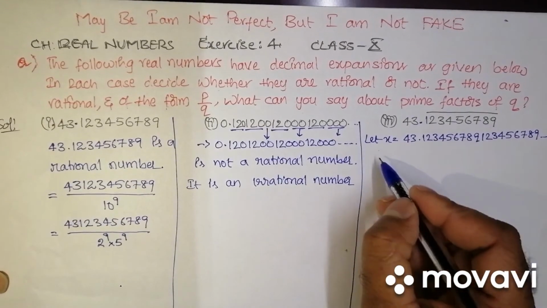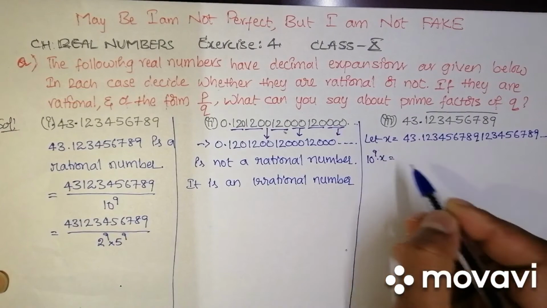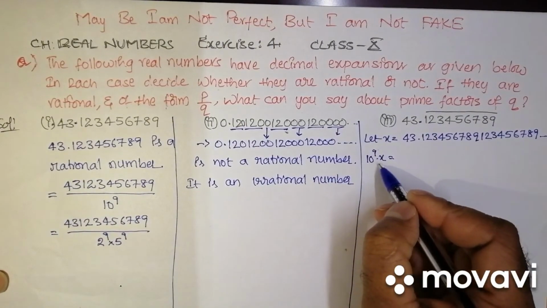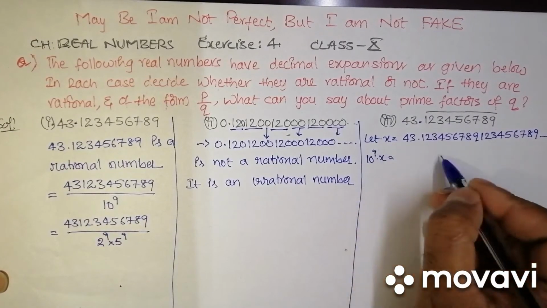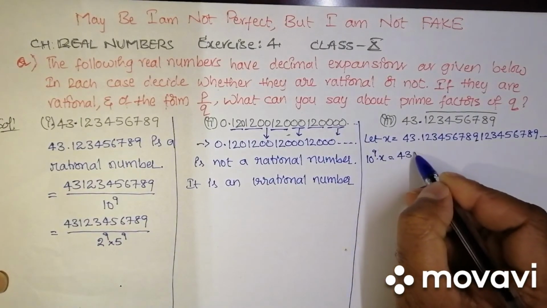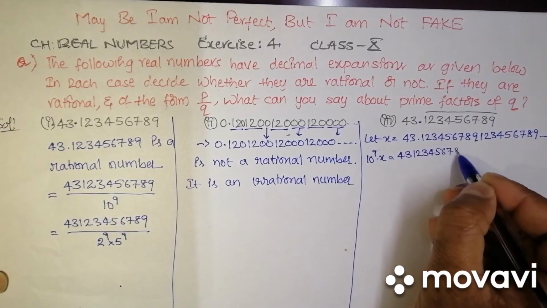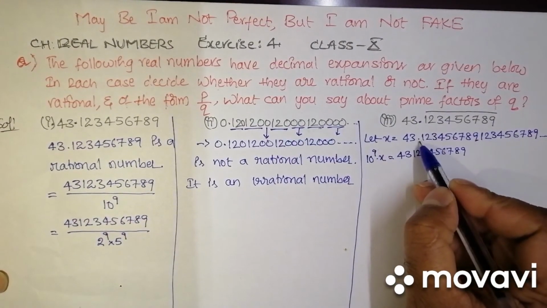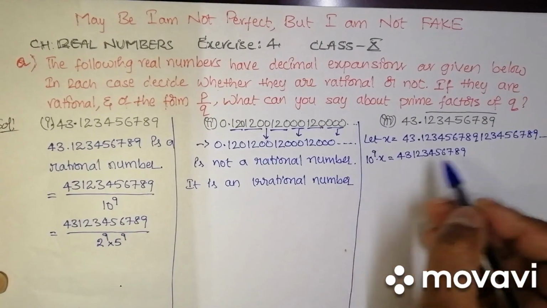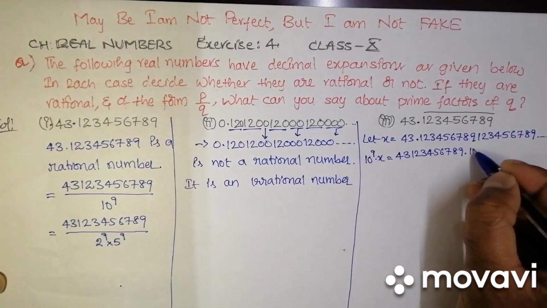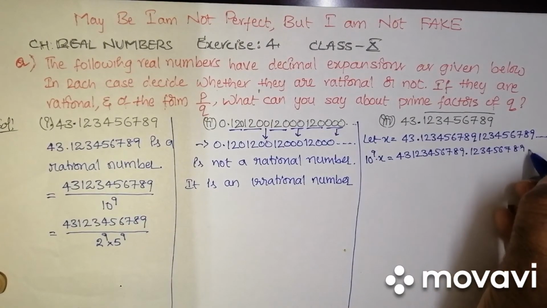So, what I have to do is multiply by 10 to the power of 9, which is 1 and 9 zeros. If I multiply 10 to the power of 9 on both sides, the decimal point moves 9 places. Now, this continues as usual, 5 6 7 8 9 like that.